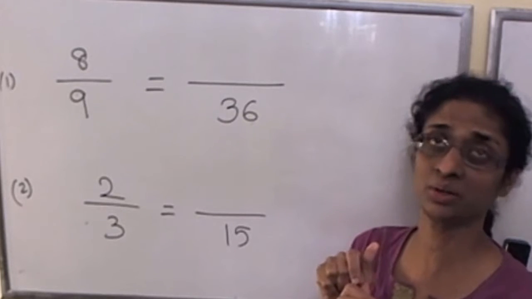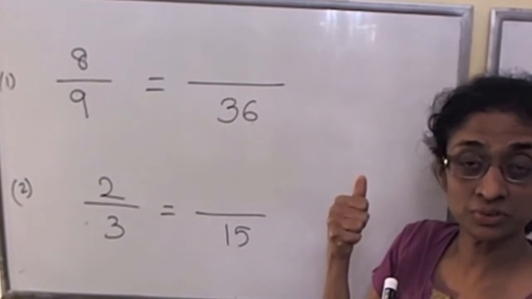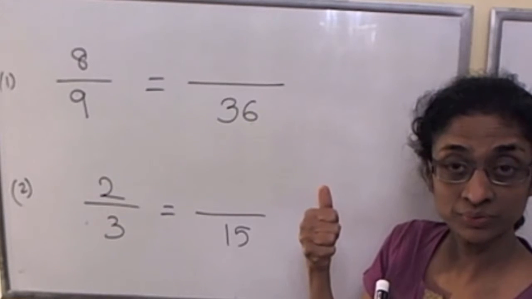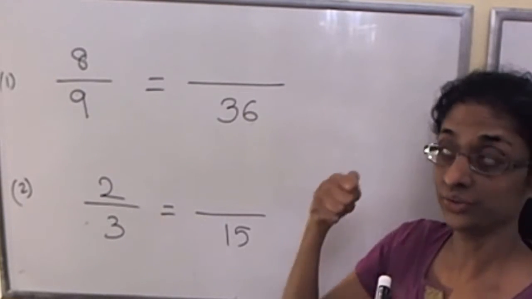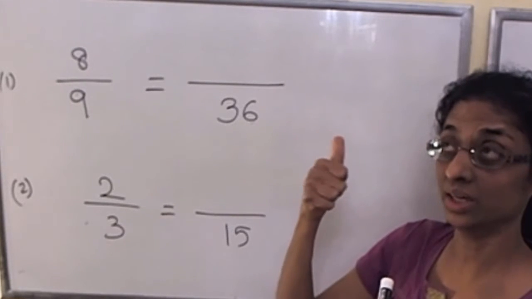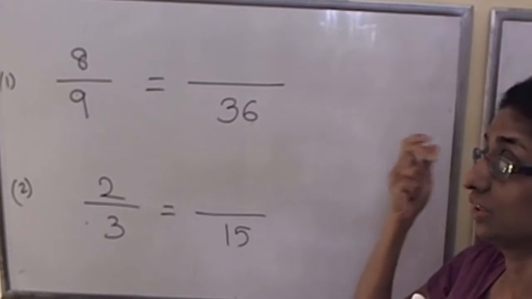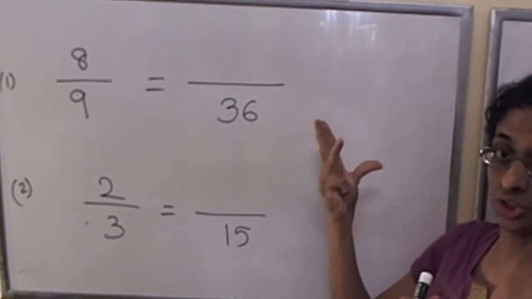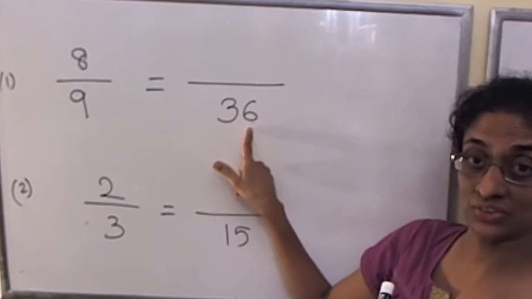Let me see. Let me count in nines. Counting in nines, if you don't know your 9 table, is adding a 10, going down by 1. So let's do it slowly. 9, 18, 27, 36. It sure looks like if you multiply 9 by 4, we get 36.